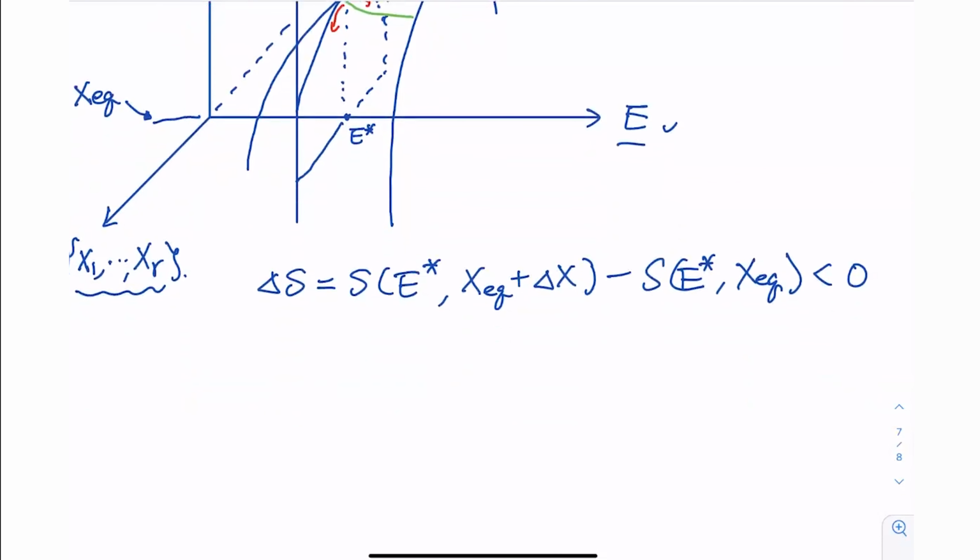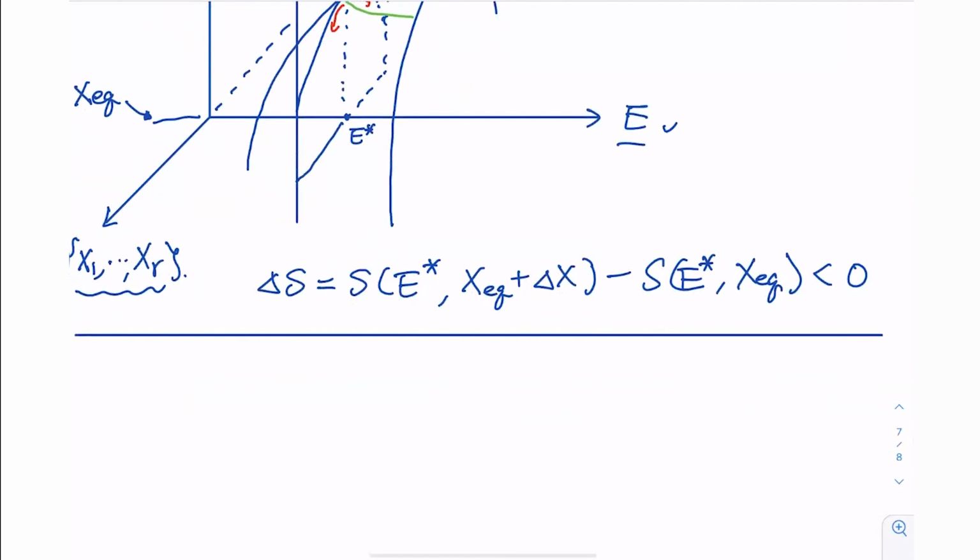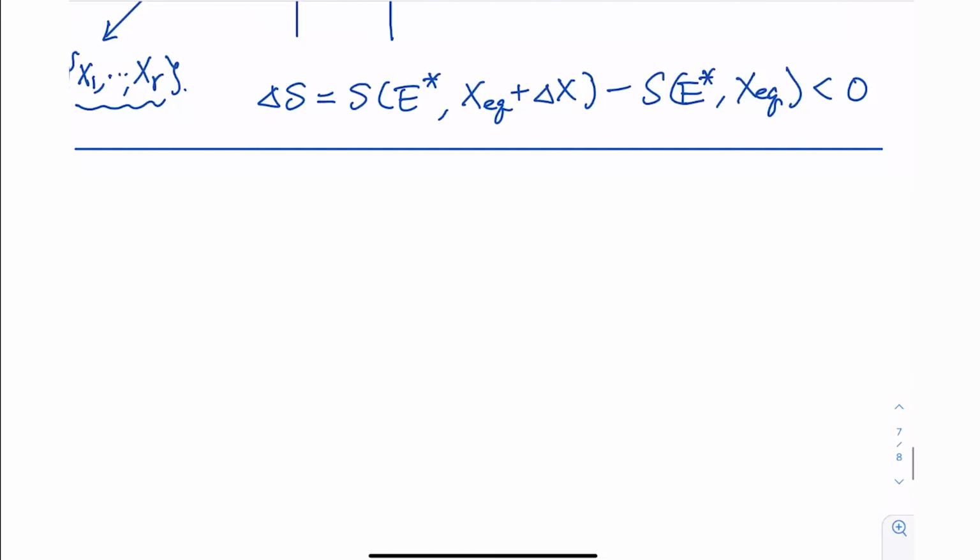Okay. So now I'm going to talk about another very important concept in thermodynamics, the Legendre transformation. The Legendre transformation is so powerful and useful that you encounter it in thermodynamics, and also in classical mechanics.